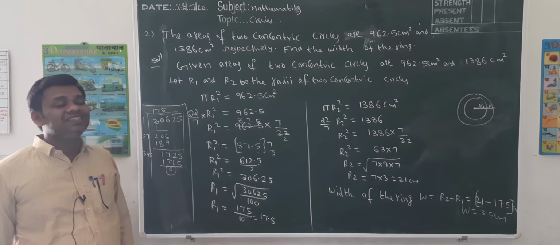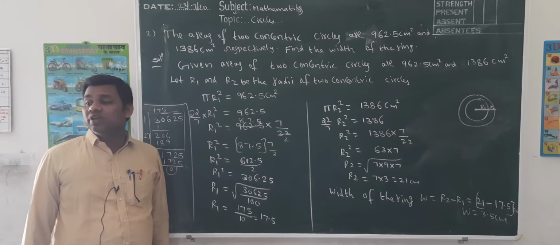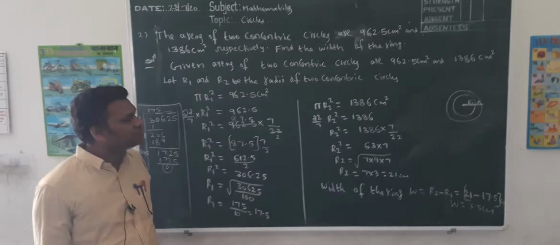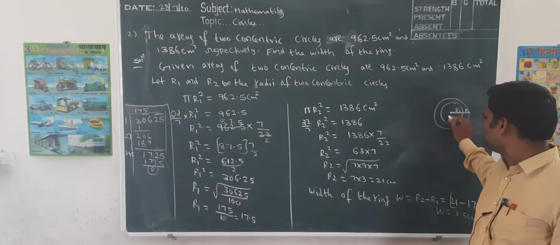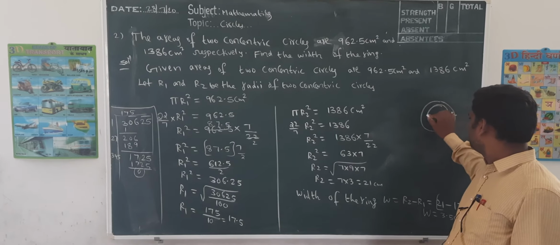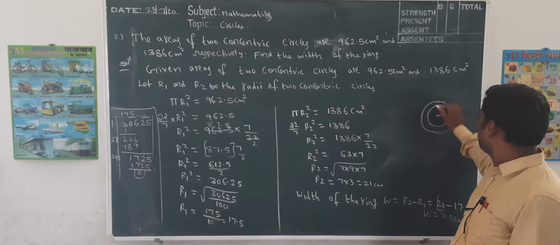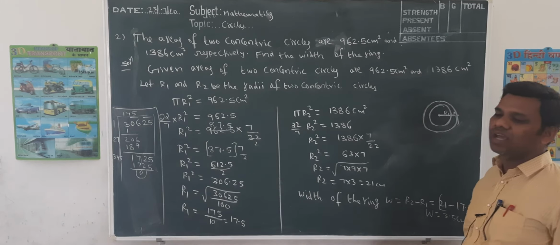If two circles are having the same center, then those circles are called concentric circles. See here, in a rough diagram, one circle is there, another circle is there, but the center is the same.